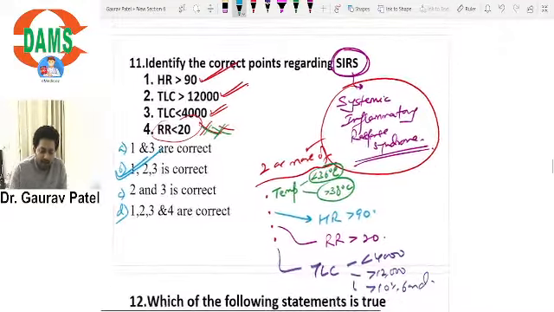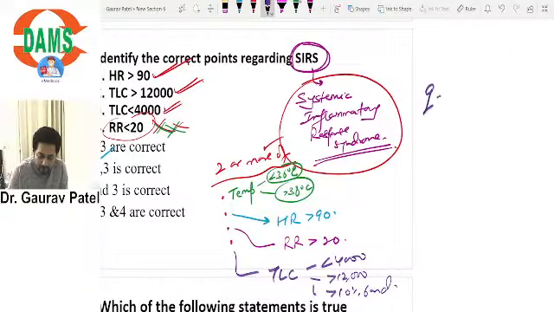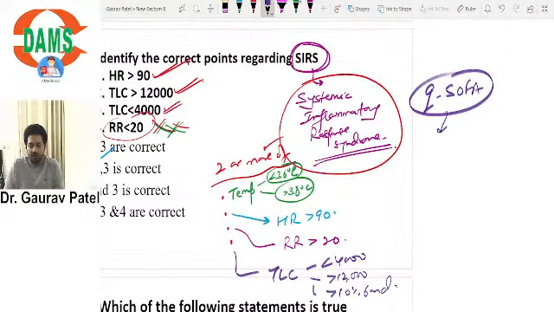Now here I want to ask you one more thing. Tell me, what do you see in the Q-SOFA score? What are the things you will see in the quick sequential organ failure assessment score? This is also an important question. I'll write it for you, you just tell me the value. Systolic blood pressure less than 100.